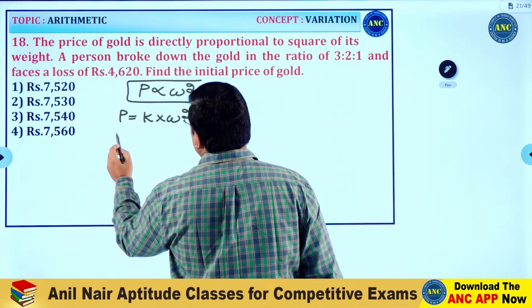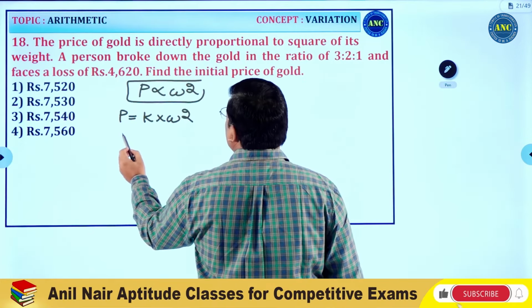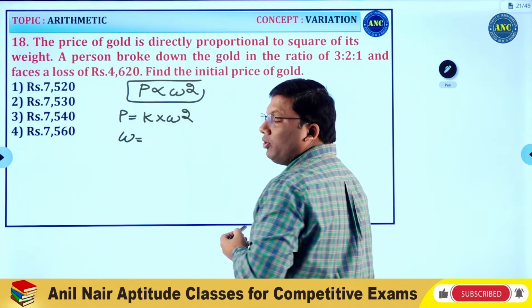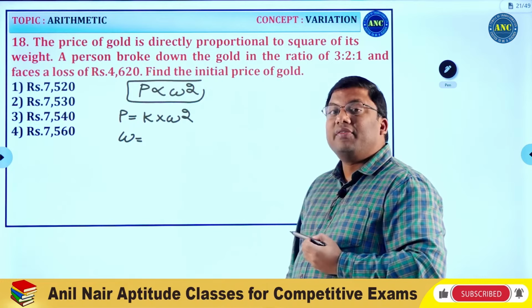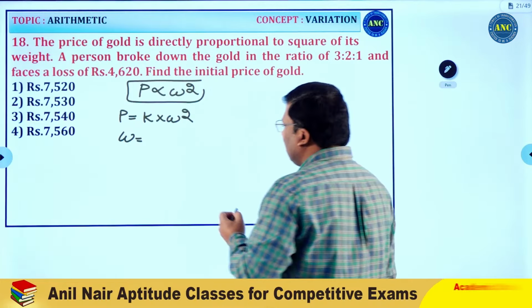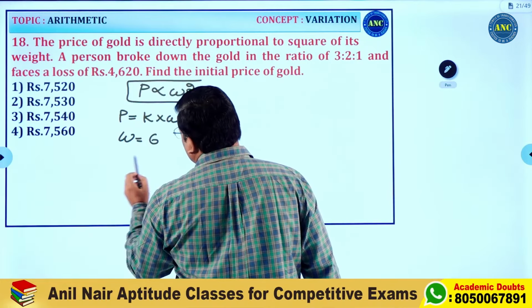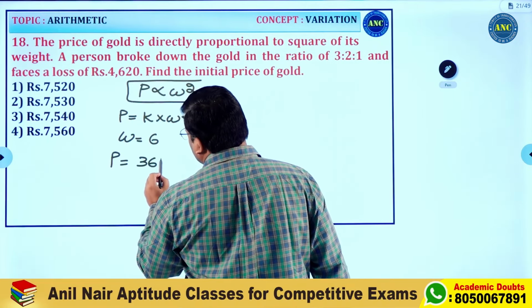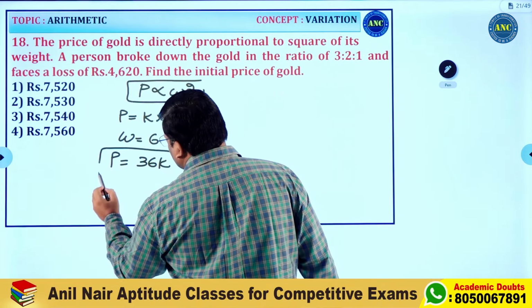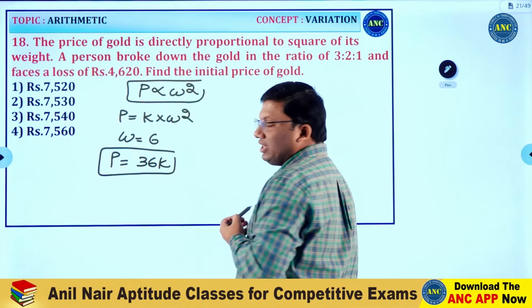It has been broken down into 3 parts. What are the 3 parts' ratio? 3 is to 2 is to 1. That means total it will be 6. So initial price will be 36k.